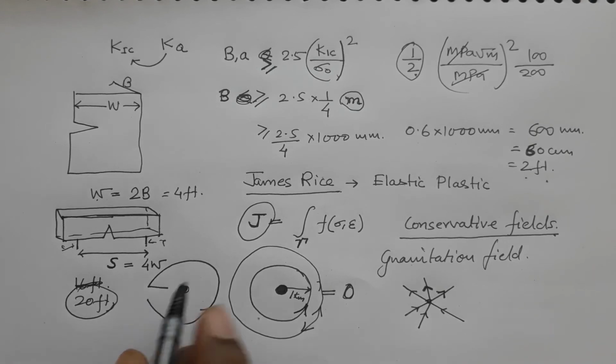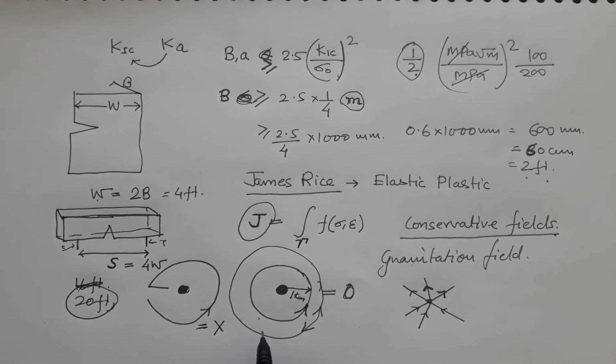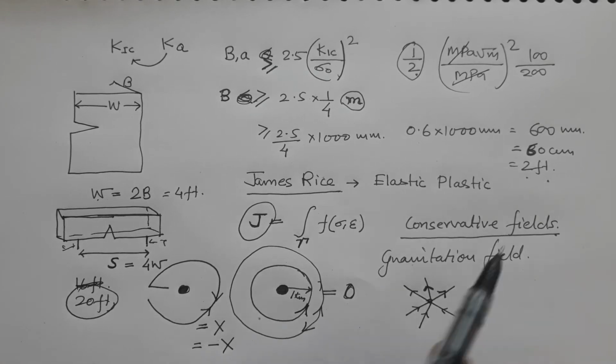It will have a finite value. Okay. It will have some value, x is the value. Along the same path, if you take the opposite direction, it will have a negative x value. Okay. So, this is the property of a conservative field.